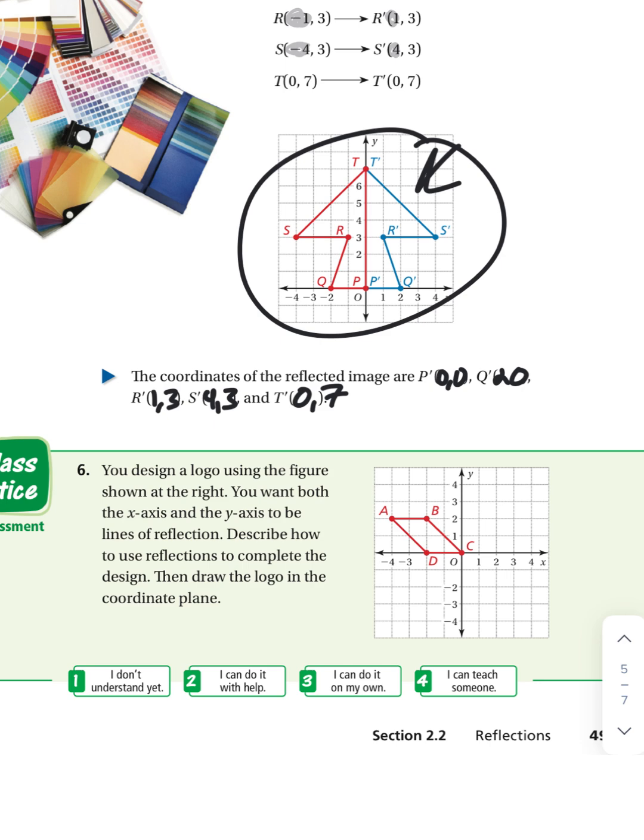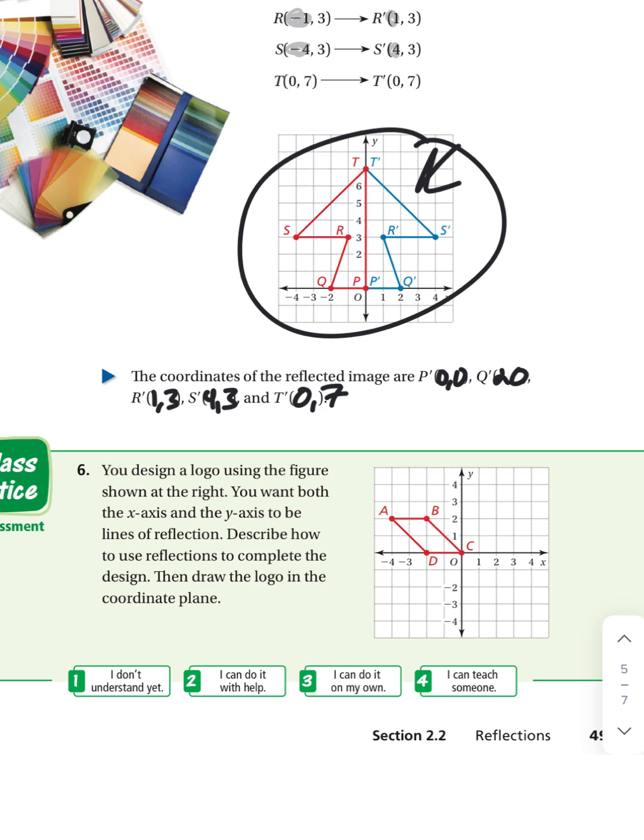All right, last example. You design a logo using the figure shown at the right. You want both the x-axis and y-axis to be lines of reflection. Describe how to use reflections to complete the design, then draw the logo in the coordinate plane. You guys are just going to reflect this over x and y.